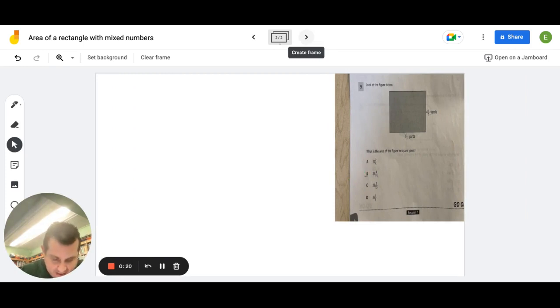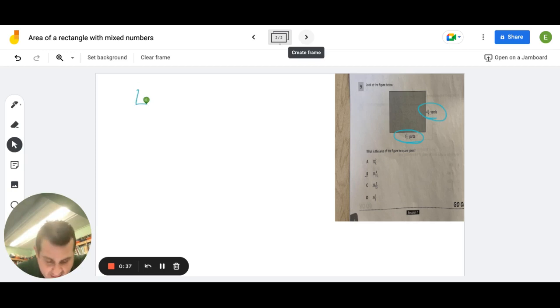We have a rectangle here, and one side is 7 1/3 yards, and the other side is 4 4/5 yards, right?